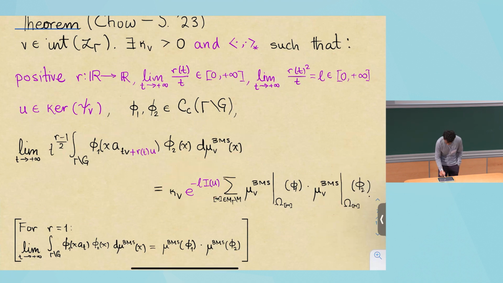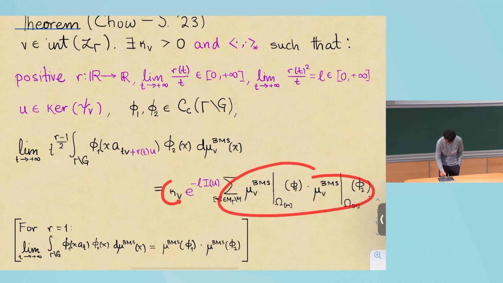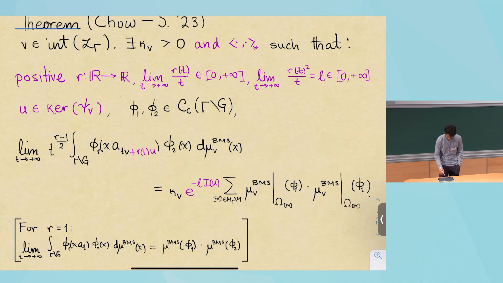Some constant, you can put this together with kappa V, it will be bounded uniformly by some constant depending on phi 1 and phi 2 times this exponential, which depends on u. So this purple part is actually very important because this kind of uniform bound is crucial in some counting applications.